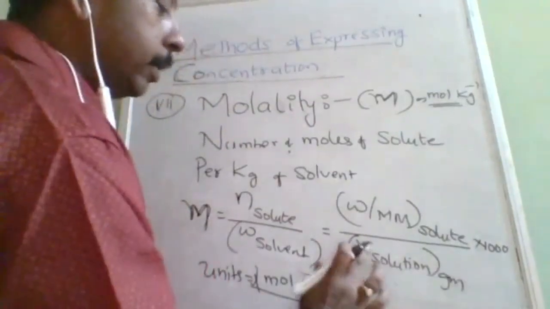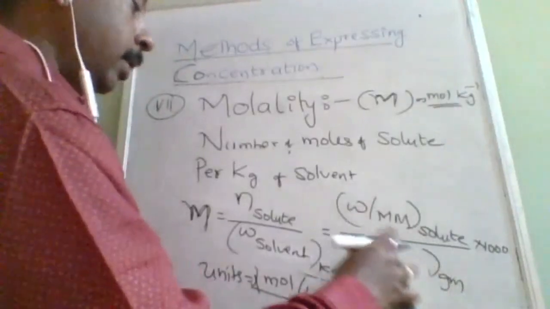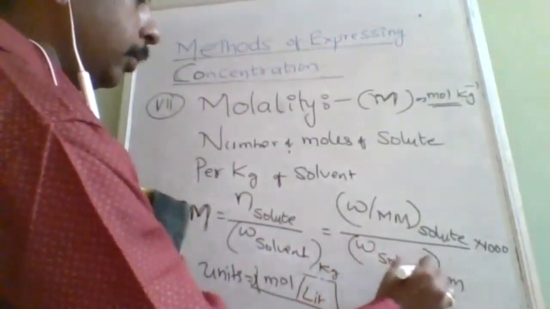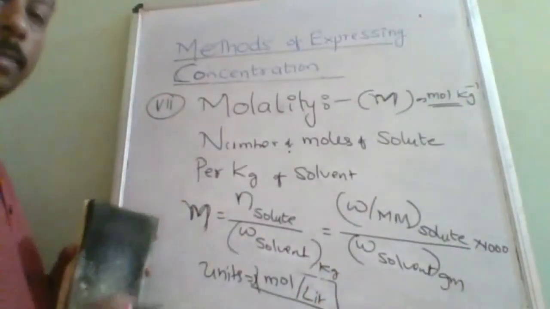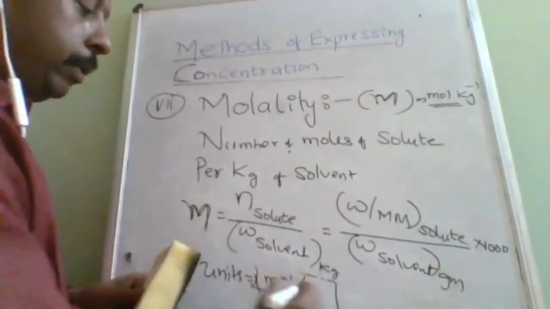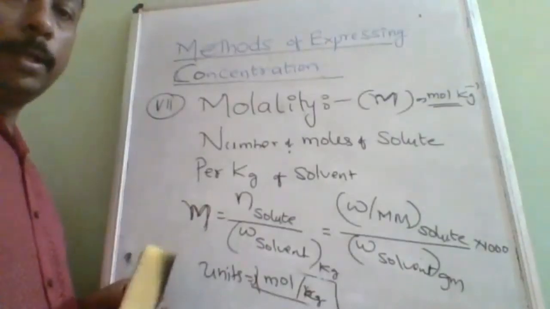Grams. That means we need to multiply with 1000 when mass of solvent is given in grams. Otherwise, you need not multiply. Here in place of mole per liter, it will be mole per kg. Units are going to be mole per kg.